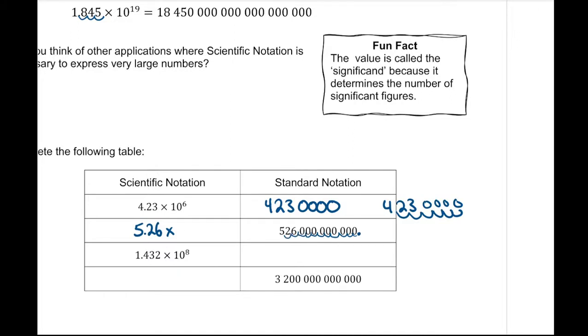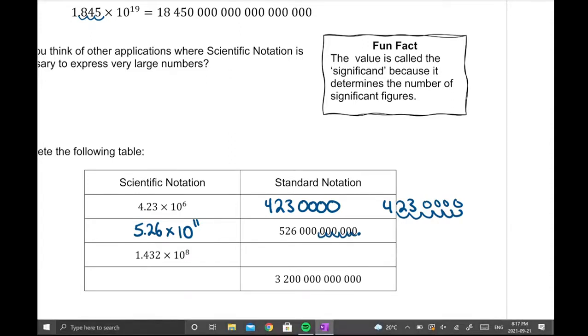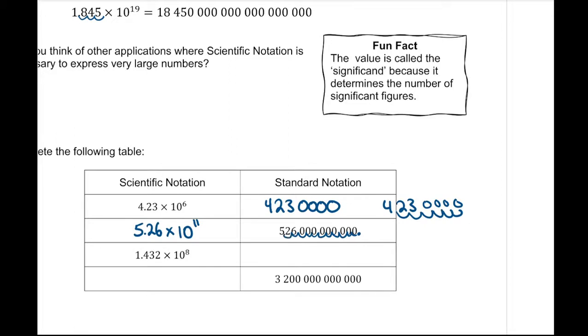Because we moved it 11 spots, that's 10 to the power of 11. You could also think, I can see right here there's 9 zeros and then 2 more spots to get to the 5. That's 11. So 9 plus 2 is 11. Or again, you can physically count the spots.